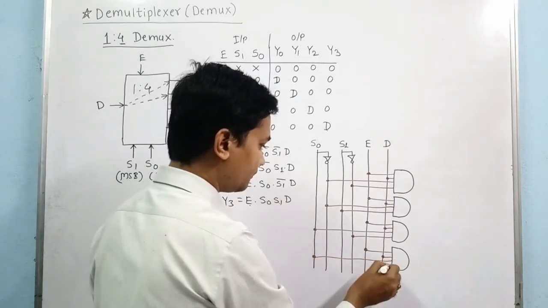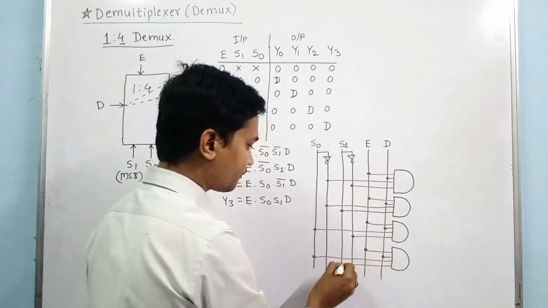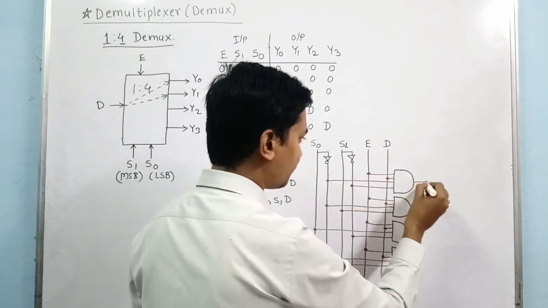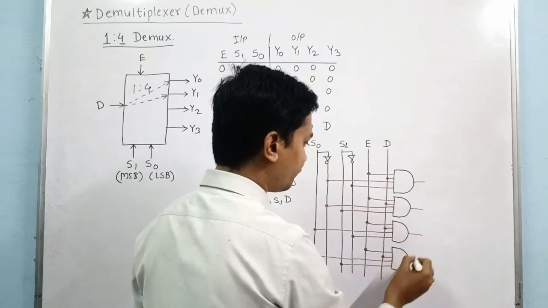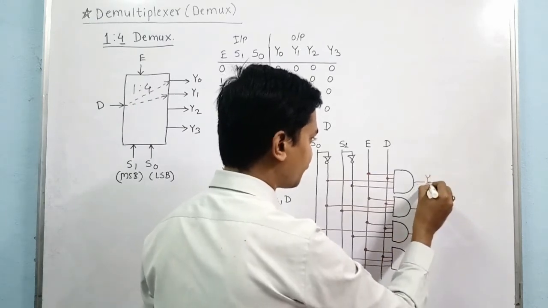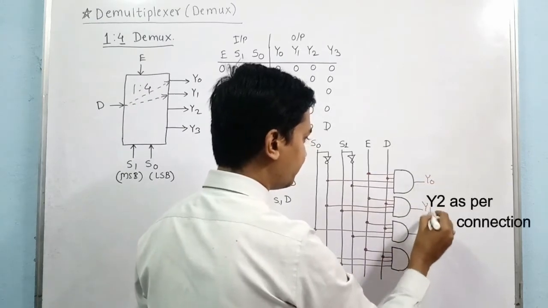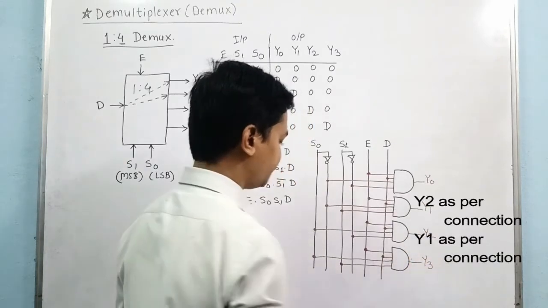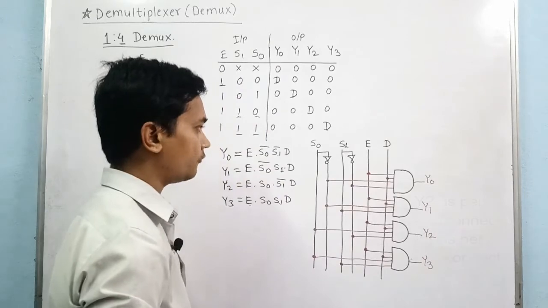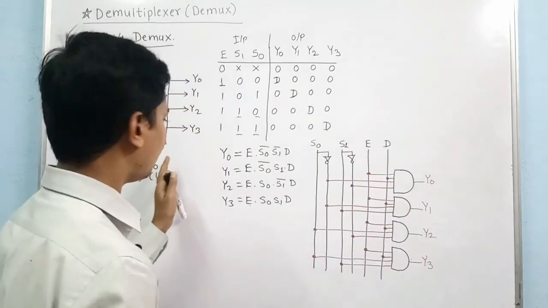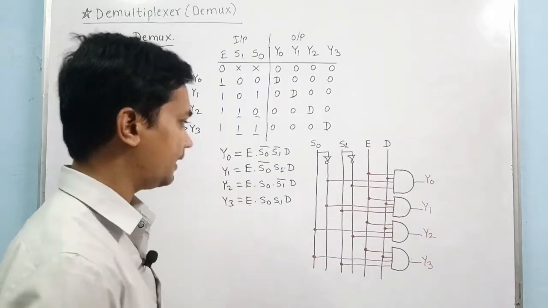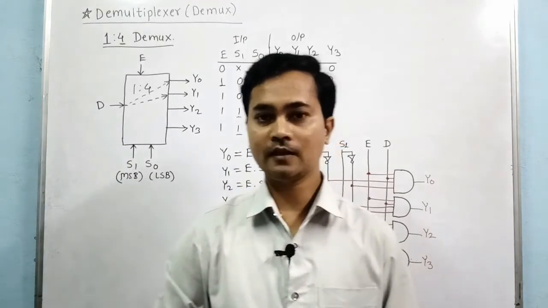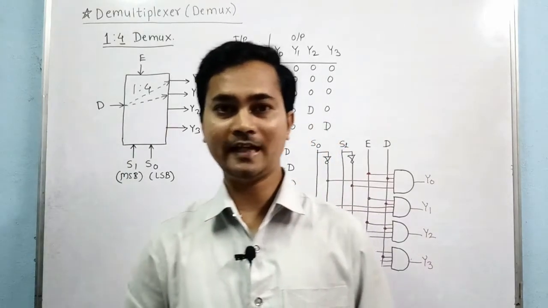So here we can obtain Y0, Y1, Y2 and Y3. So this is how we can implement the 1:4 demultiplexer. Now we will see what is meant by decoder.